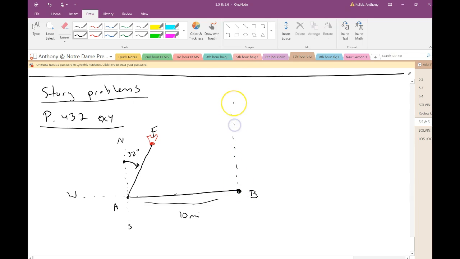And it says that this guy sights the fire at 48 degrees west of north. So start at the north line and go 48 degrees. Everybody okay with how I drew my picture?